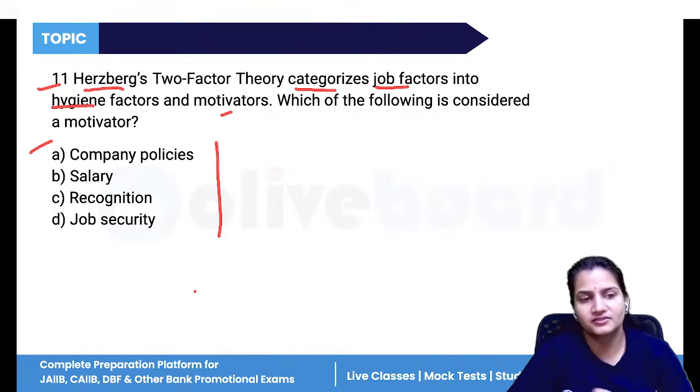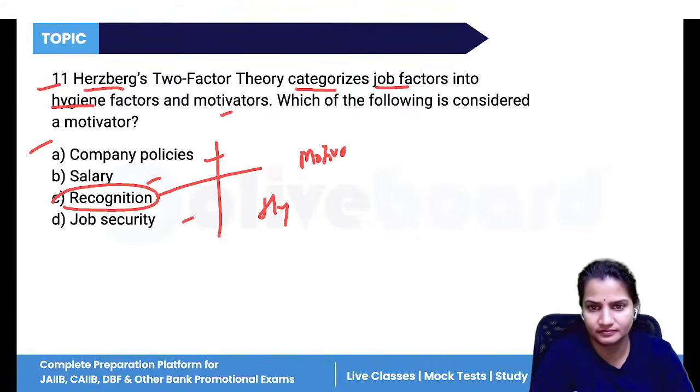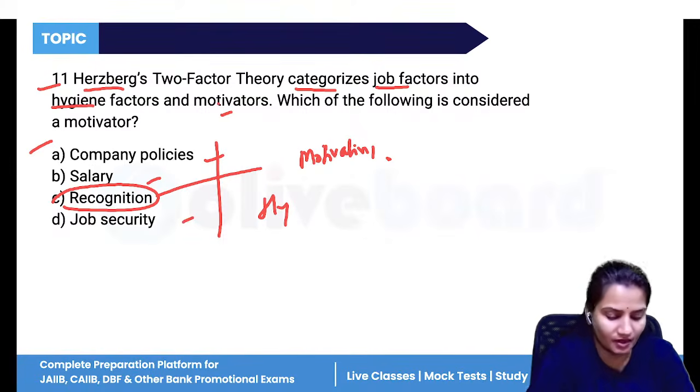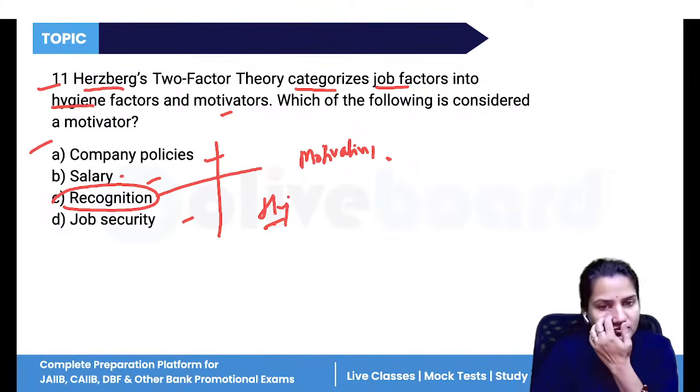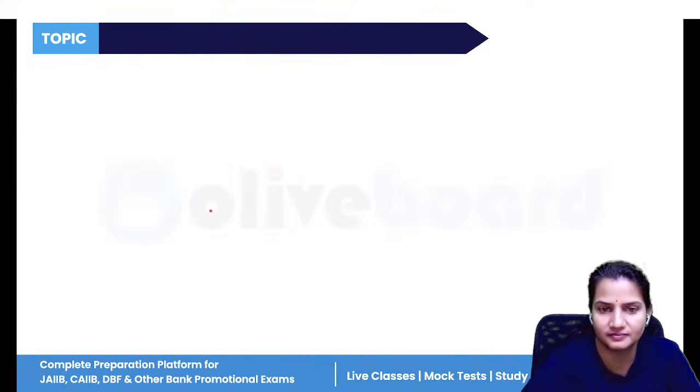Company policy, salary, job security, these are all hygiene factors, and recognition and acknowledgement are motivating factors. Salary will come under hygiene factors because this is the basic thing that the company has to pay. The things that the company has to pay mandatorily come under hygiene factors.